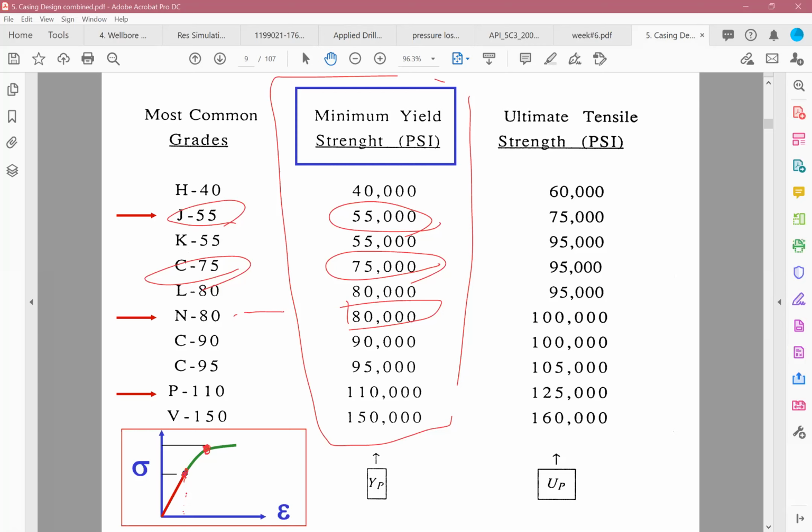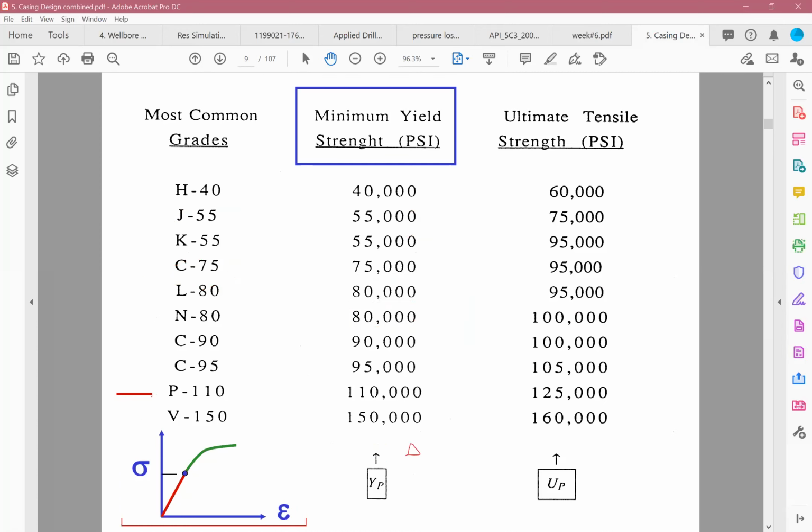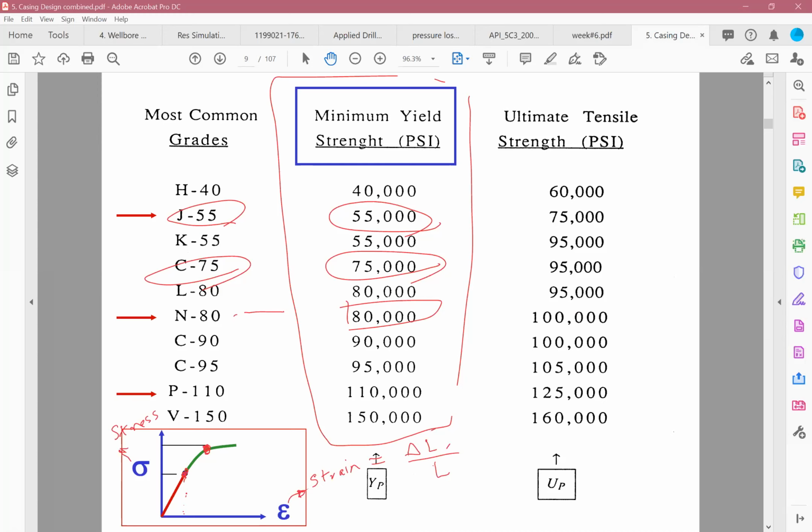Anybody knows what we call that, epsilon? So this is called the stress, right? And this is called strain, exactly. The definition of strain is delta L over L, change in length over original length, right?